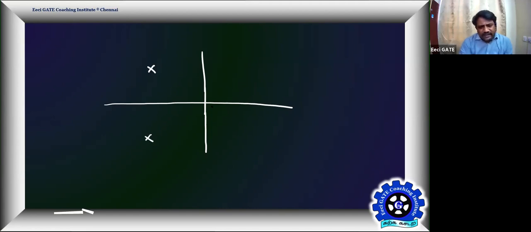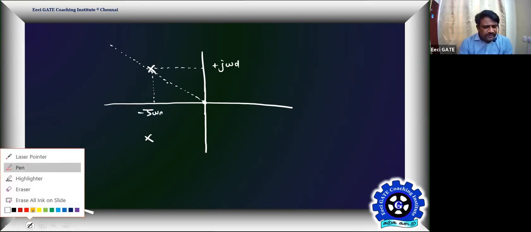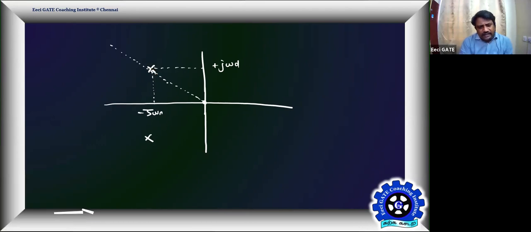Let me draw a straight line connecting the origin and the pole. We know this is equal to plus j omega d, and this is equal to minus zeta omega n. Now I'm considering a right angle triangle with respect to the angular position of the pole from origin.